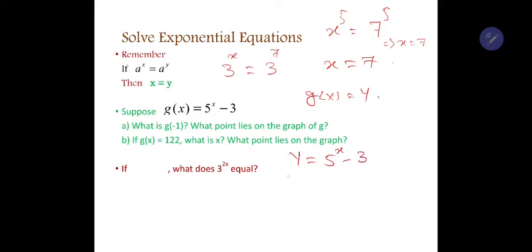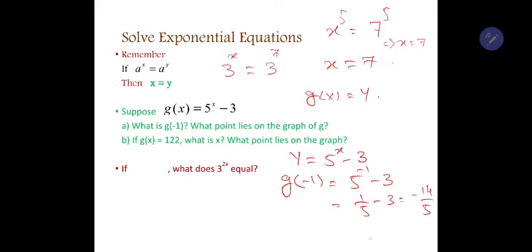Now you have to find the value of y when x is minus 1. So let's plug minus 1 here in place of x, minus 3, and then you get 1 over 5 cubed minus 3, and then I believe the answer for this is minus 14 over 5.